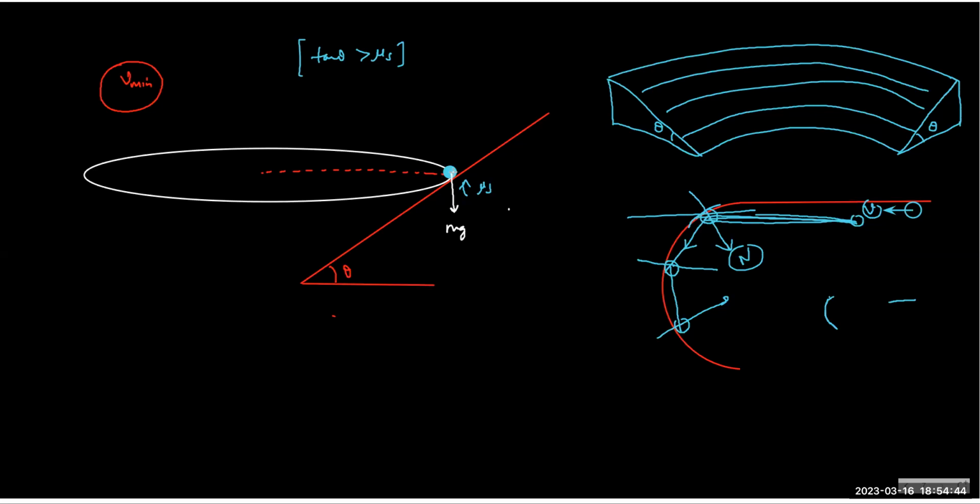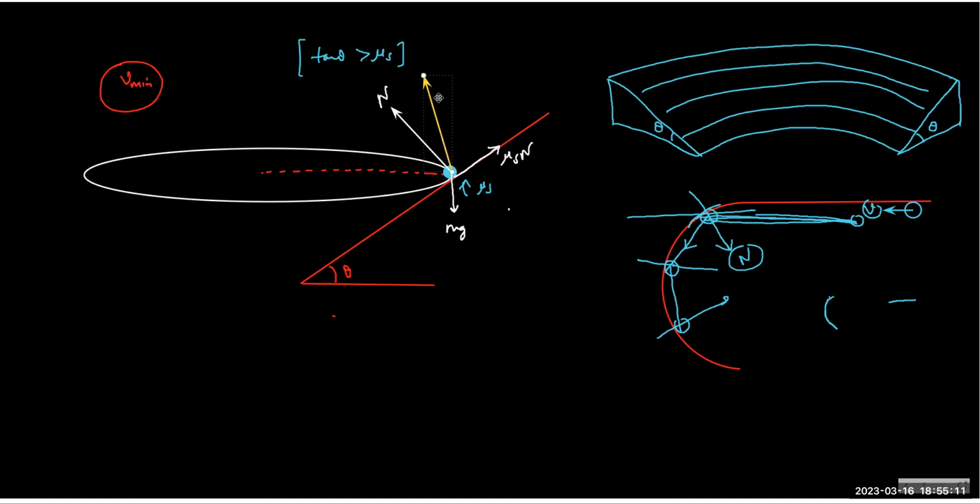What are the other forces? Normal. And what is the tendency of the object, to go down or go up? Go down. So the friction will act up. And because we're looking for the minimum, I can take mu s as the limiting is reached. And the resultant of the two will go like this.